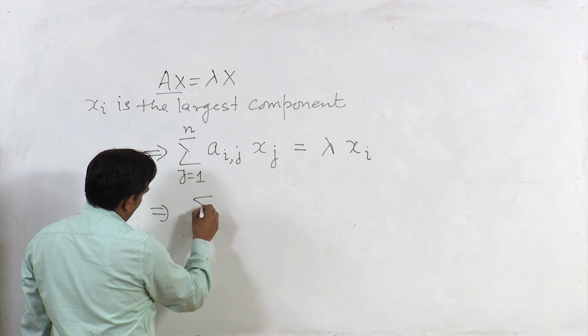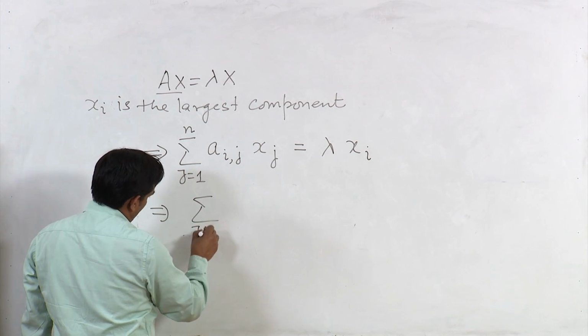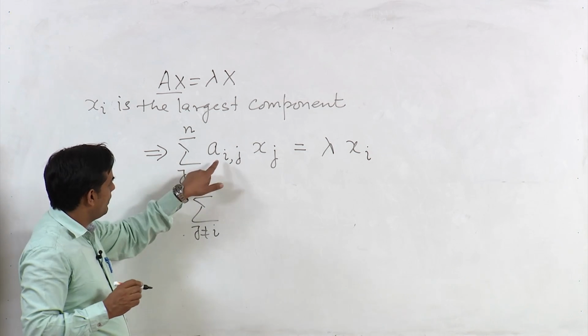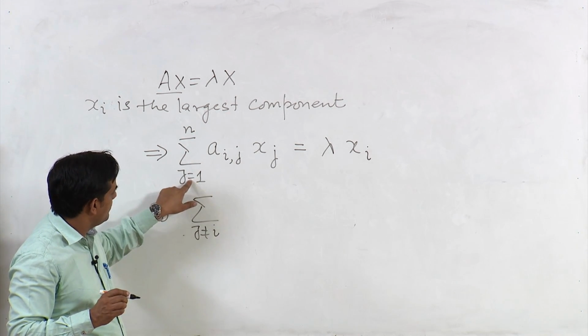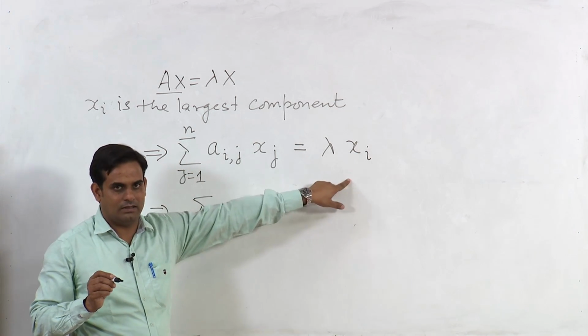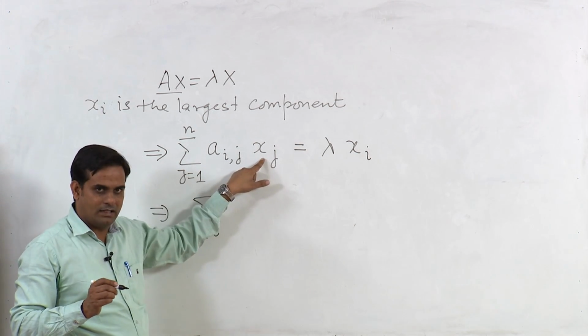Or I can write this as j not equal to i. One element, where j is i, I move to the other side, because there it will be x_i.